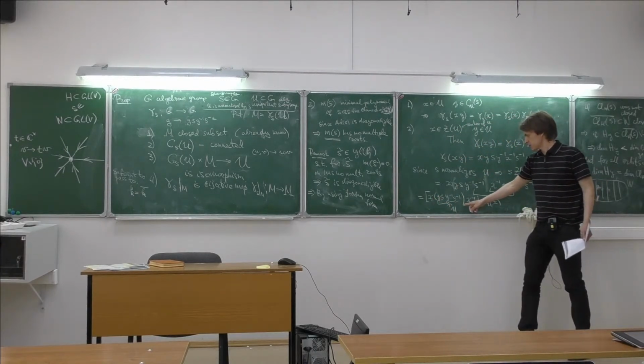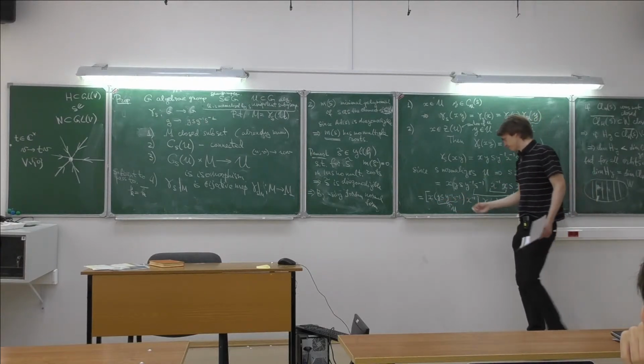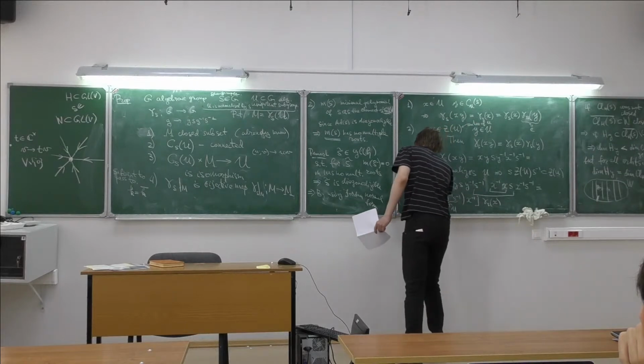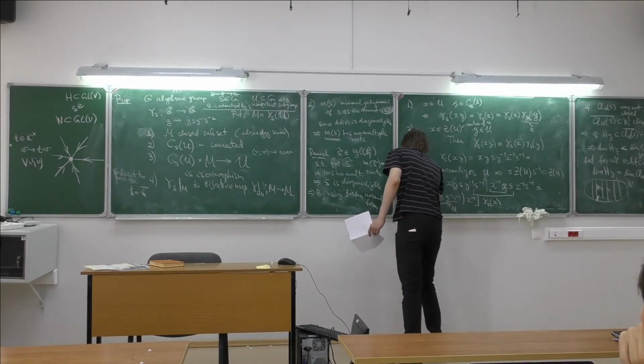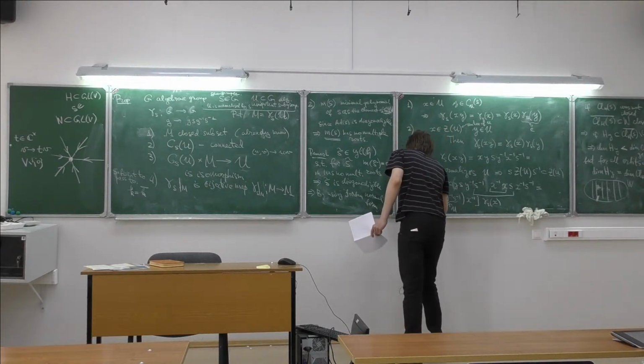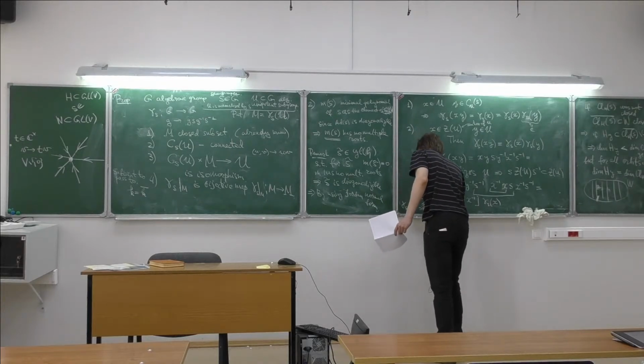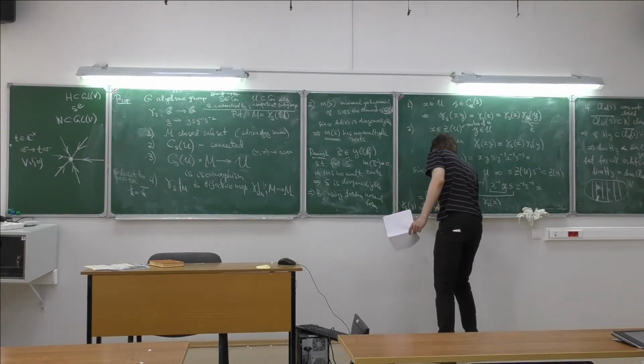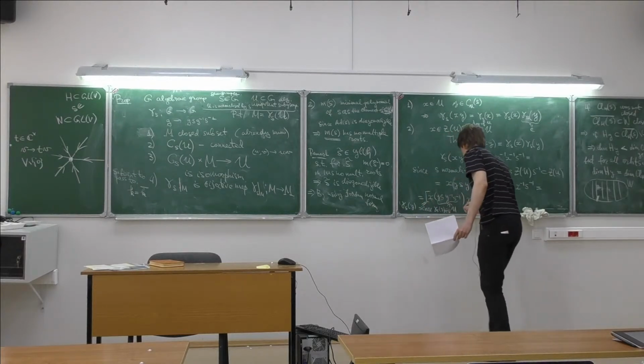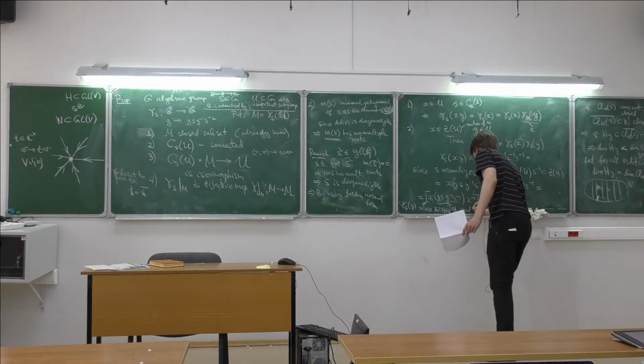So that means that this part is the same as gamma s of y, since gamma s of y belongs to U, and x is central.